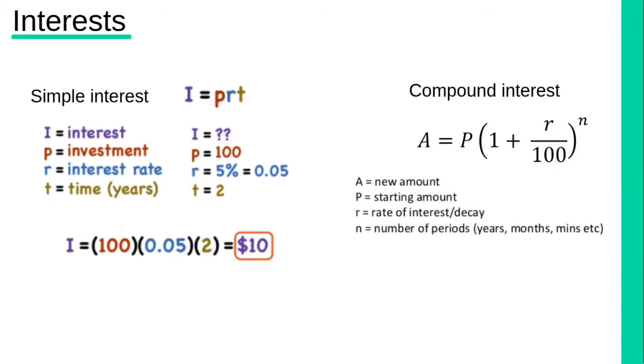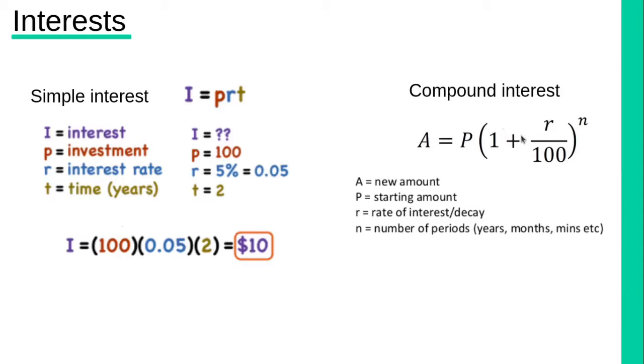So if we have a starting amount of P and the interest rate is R, and n is the number of periods, which could be years, months, minutes, then the new amount will be P, the starting amount, times 1 plus R over 100 to the power n, because we have to repeatedly add the rate of interest to P. That is why we have the power n.